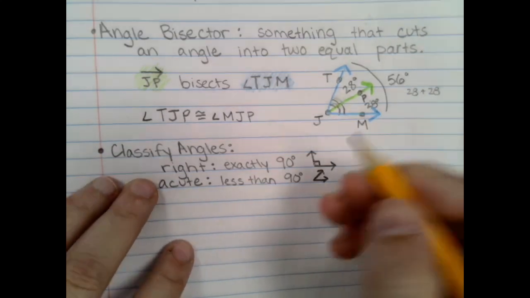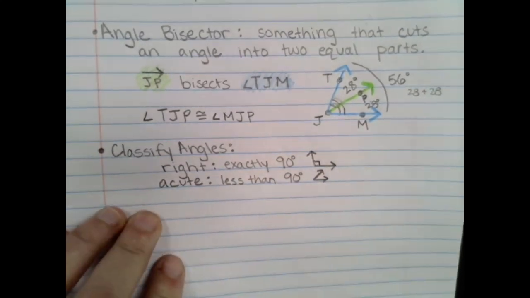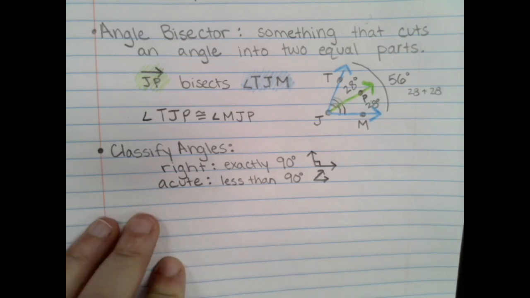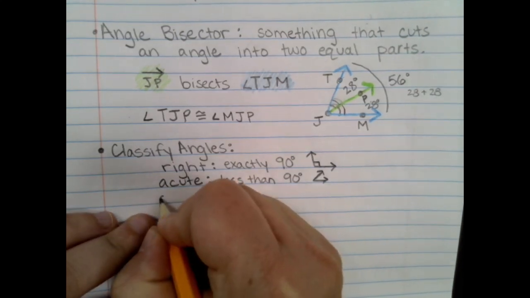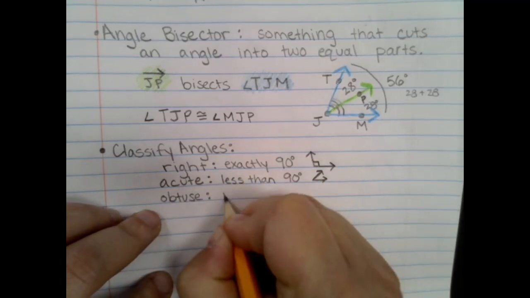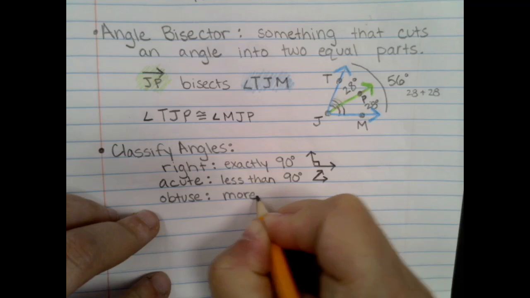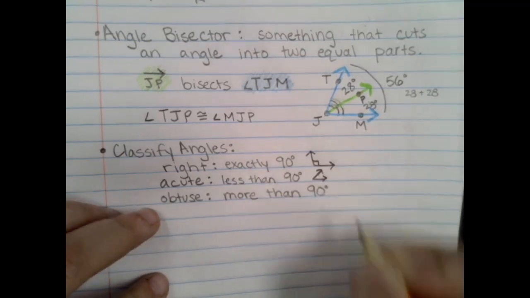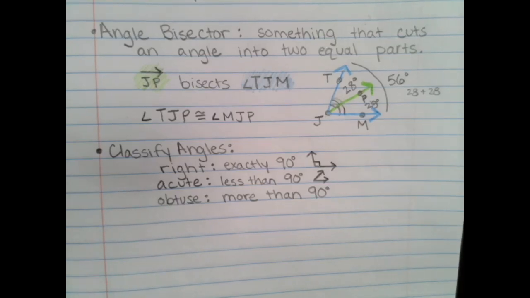All right. What's the other word for when it's more than 90? Obtuse. Good. Obtuse is more than 90. If you're arguing, this isn't something that's said very often anymore, but somebody might say, oh my gosh, how could you be so obtuse?